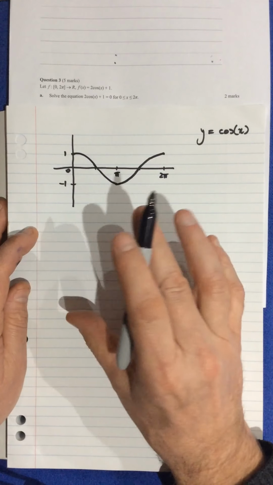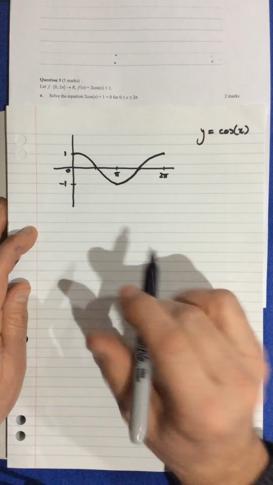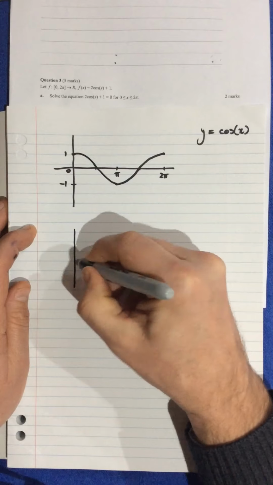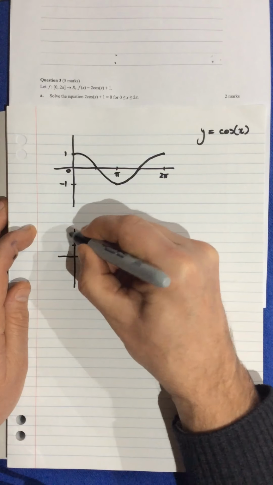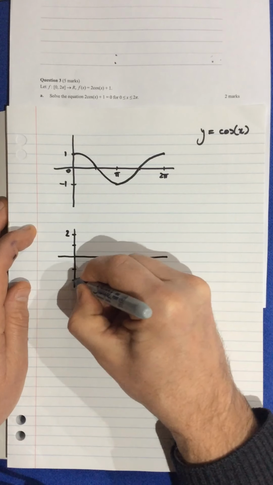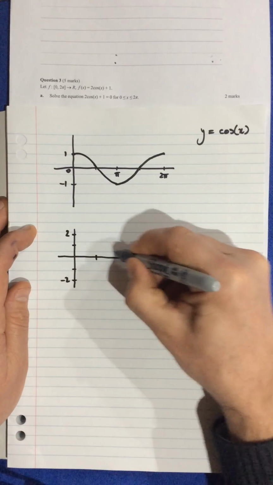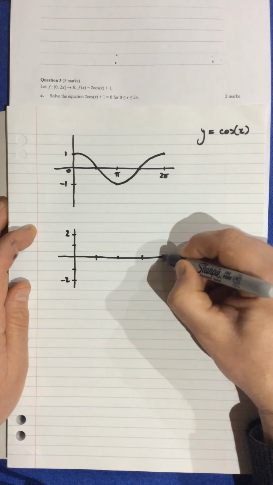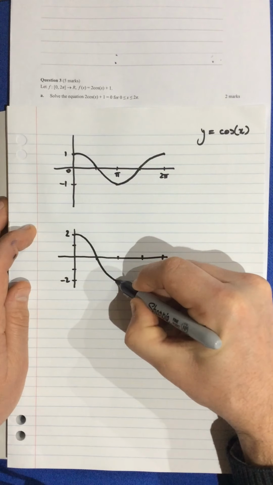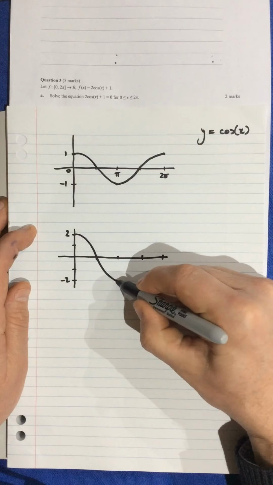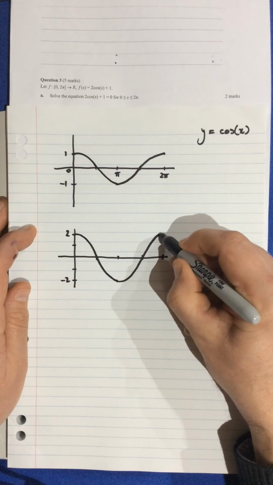This one is a basic cos function that's had 2 transforming parts to it. Its amplitude has been doubled, so it's gone up to 2 and down to -2. So in this case, it's going to drop down from 2 to 0 to -2, back to 0, and then up to 2.